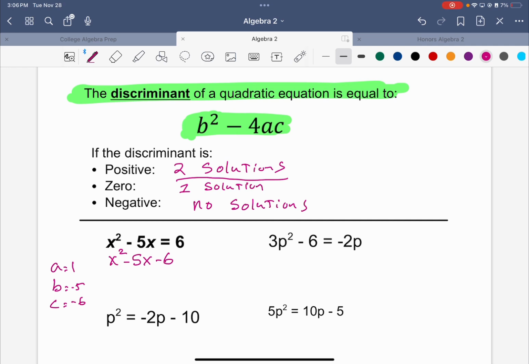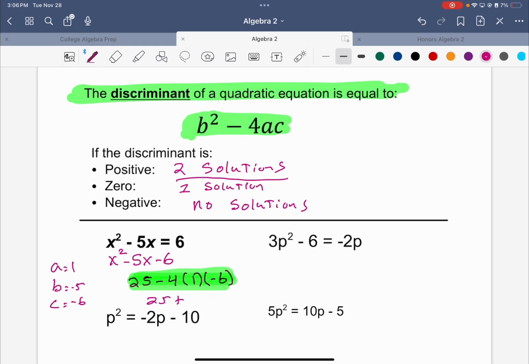So b squared is 25 minus 4 times 1 times negative 6. If we just look at this, we follow order of operations, this is going to be 25 plus something.